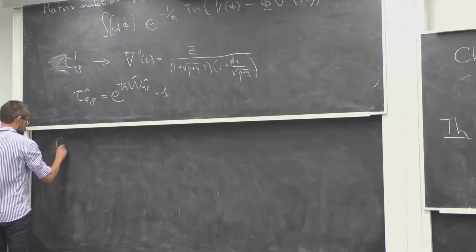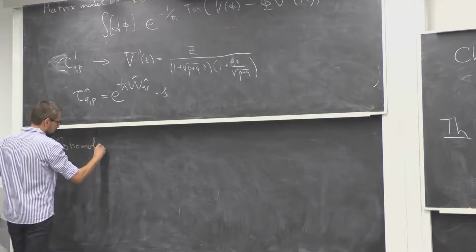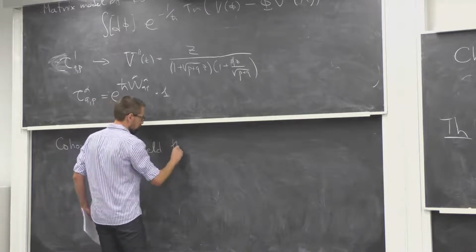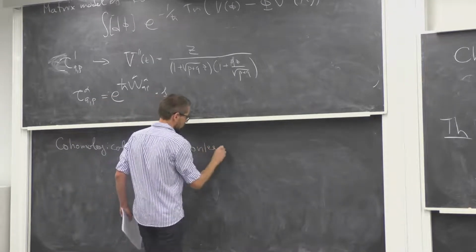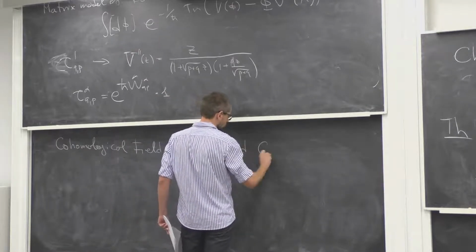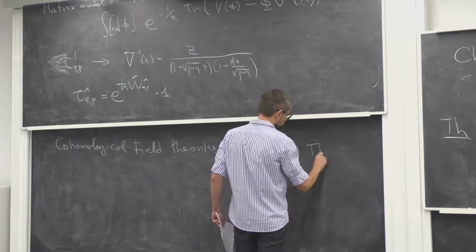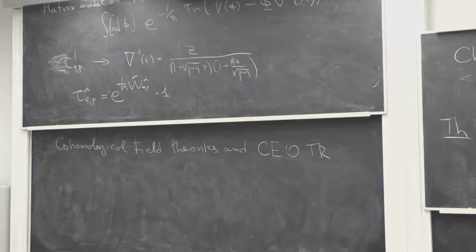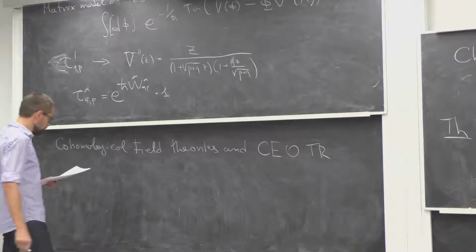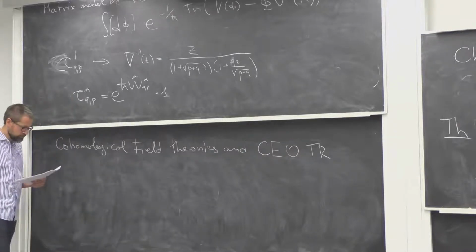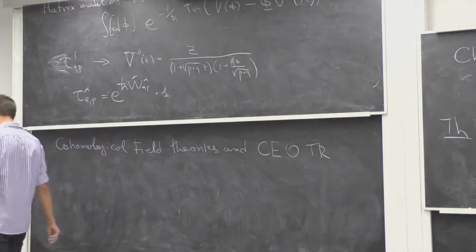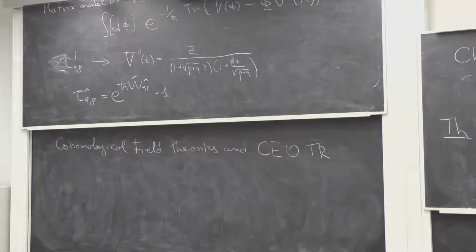Cohomological field theories and Chekhov-Eynard topological recursion. I will not define either of these two structures, which are closely related. Cohomological field theories were introduced by Kontsevich and Manin to axiomatize some universal properties of Gromov-Witten theory.